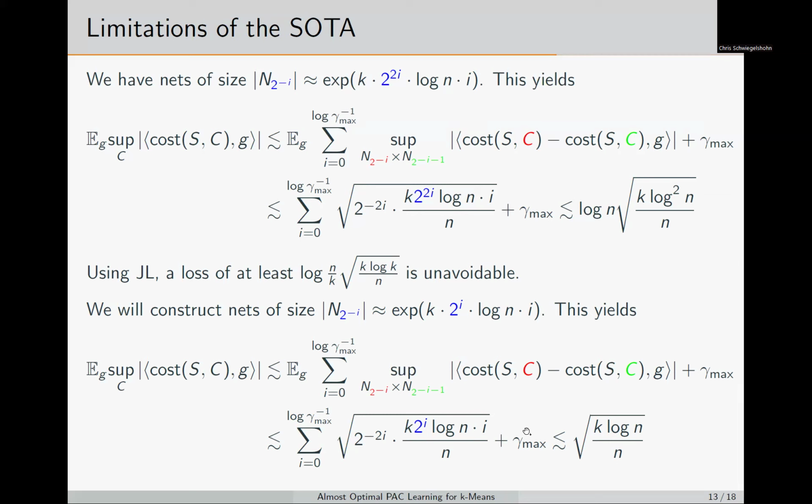Instead, it will just fade away to a factor of square root k log n over n. Right? So we actually get far better control over this random process by constructing significantly better nets than what an application of most state-of-the-art dimension reductions would allow us in this case.